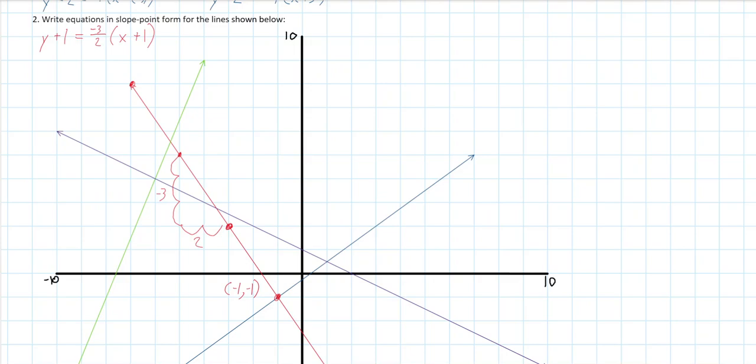Okay, let's do this again, but now with the green one. So here are some of the points. Let's pick this one here. So we have the point, 1, 2, 3, 4, 5, 6, so negative 6 comma 4.